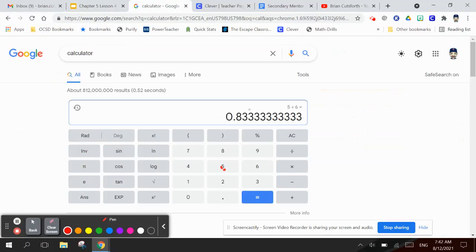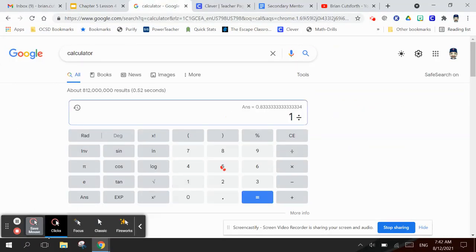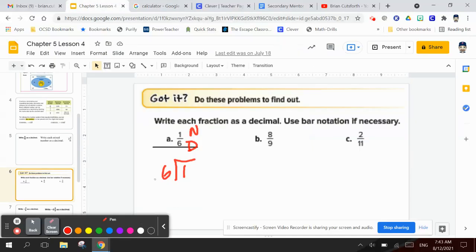I go to my calculator and I go 1 divided by 6, and I get 0.166666666. Which number is repeating? That's the 6. So I go back, and my decimal is 0.1, and the 6 repeats so it gets a bar.